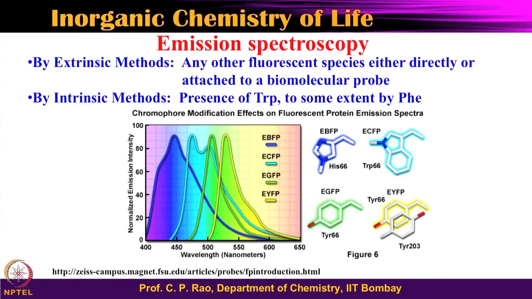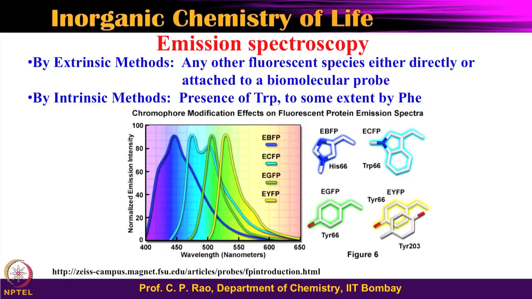So, what is emission spectroscopy? In emission spectroscopy, you have to have a species which is in an electronically excited state. Absorption spectroscopy will have the electron transition from the ground electronic state to an excited electronic state. With emission spectroscopy, you look at what happens when an excited electron returns back to the ground state.